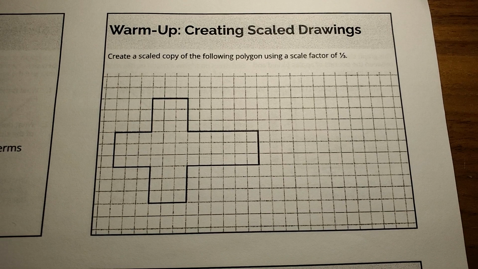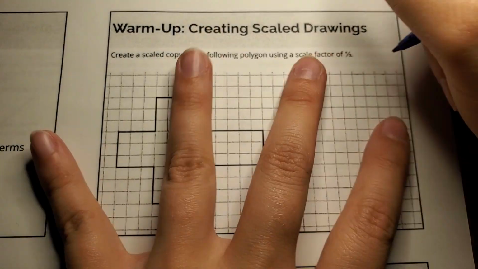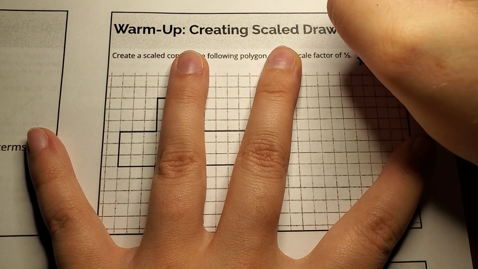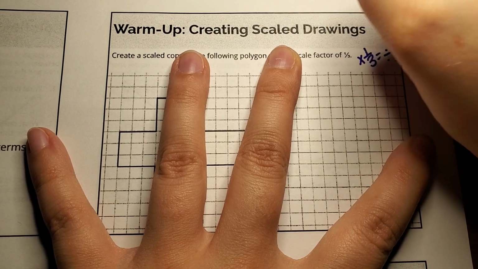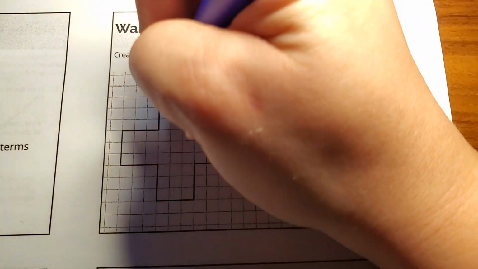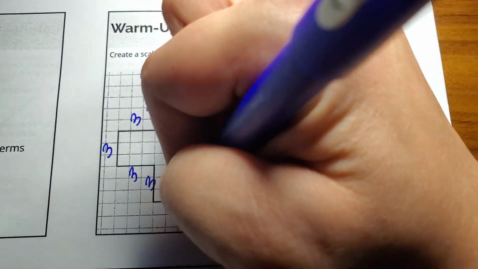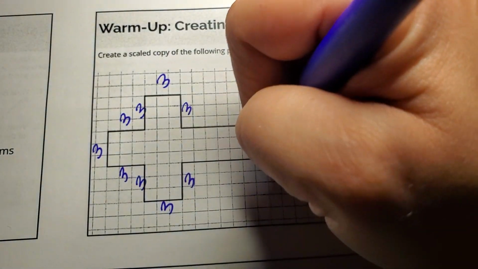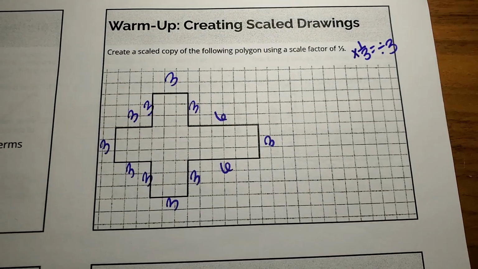All right. So don't forget, when we are multiplying by 1/3, that is the same thing as dividing by 3. So we're going to take all of these side lengths, a majority of them are 3, and then the 2 longer ones are 6.